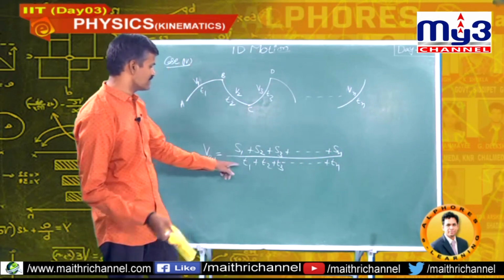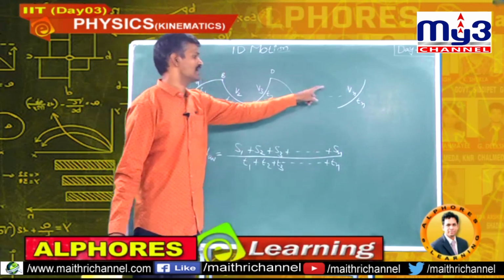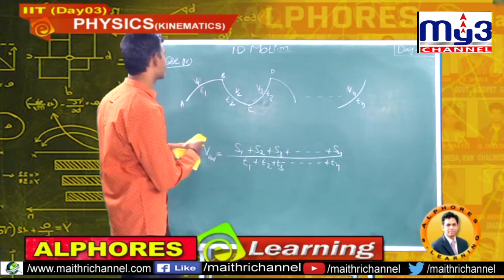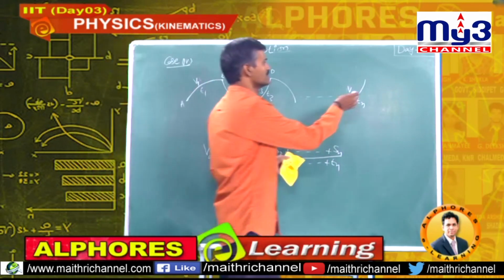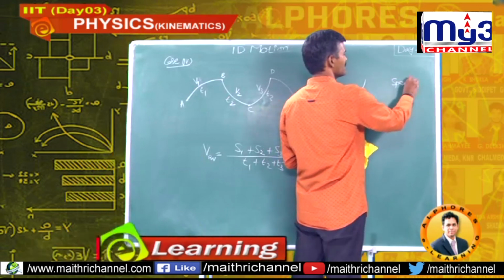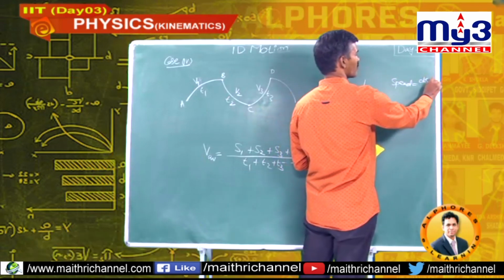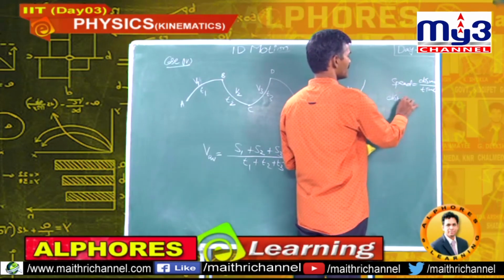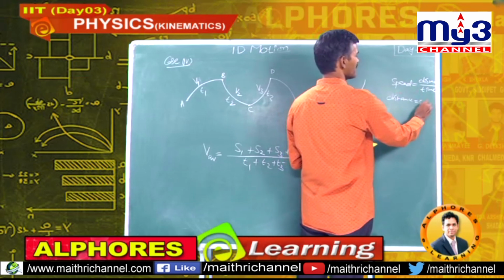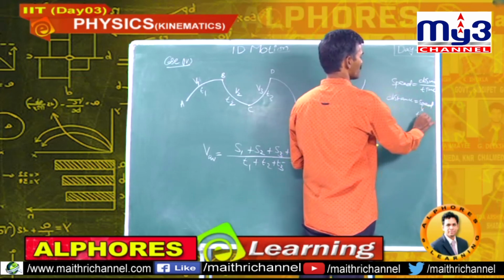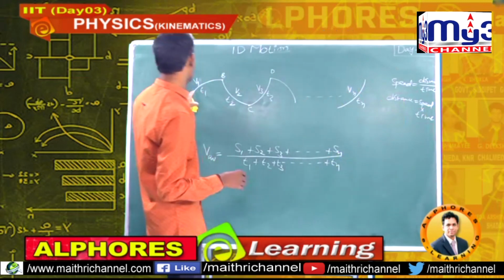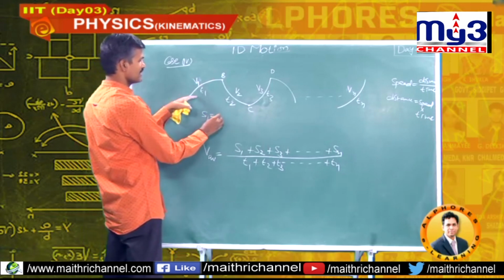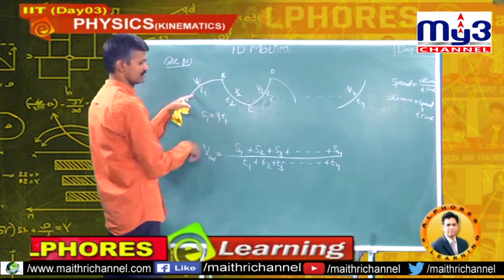Here T1, T2, T3 are given in the case, but S1, S2, S3 and so on up to Sn are not given, so they are calculated from our basic definition. What is speed? Speed is the distance travelled by the body in unit time. So the distance travelled is obtained by taking speed into time. Here S1 is the product of V1 and T1.